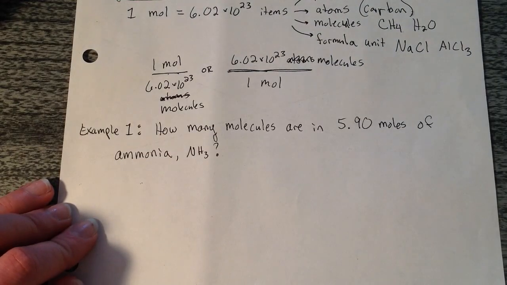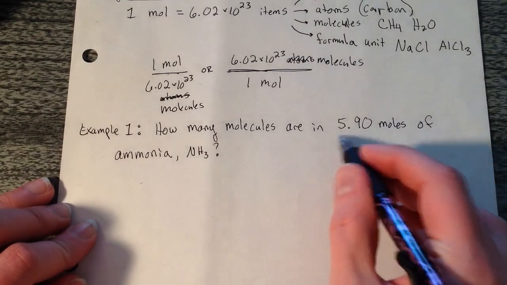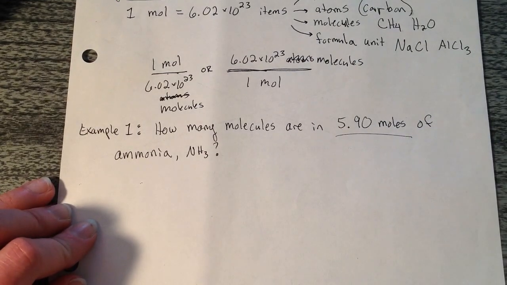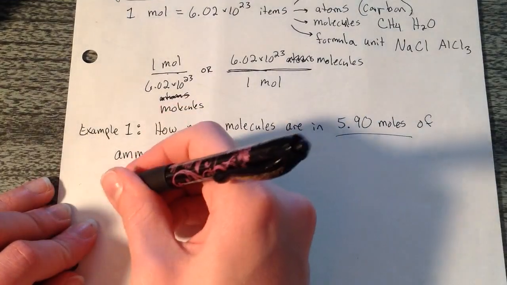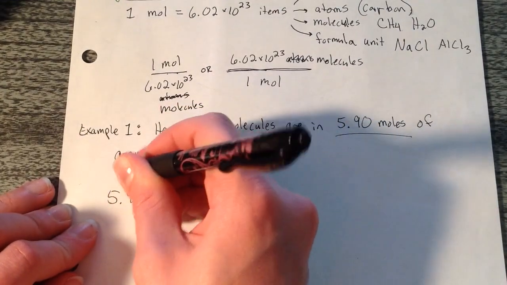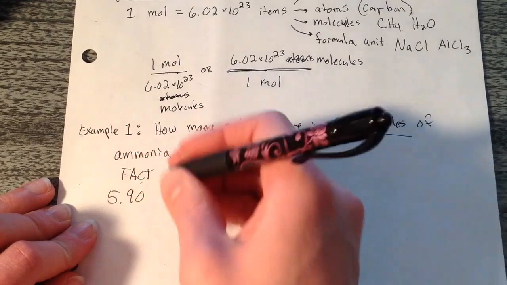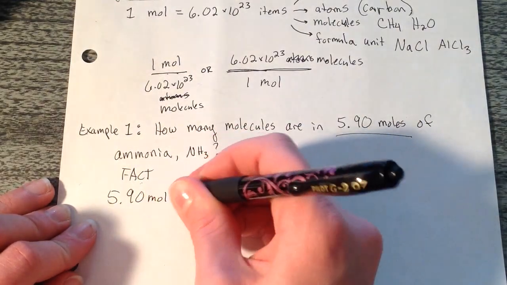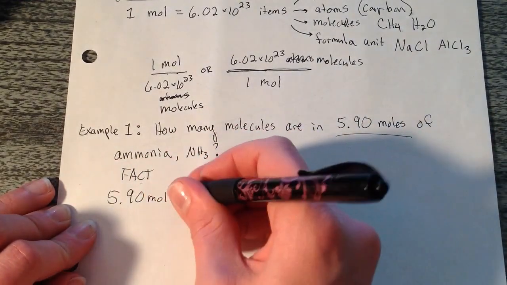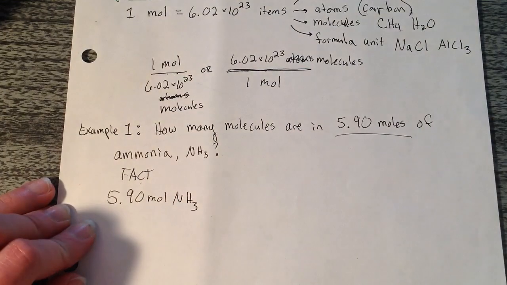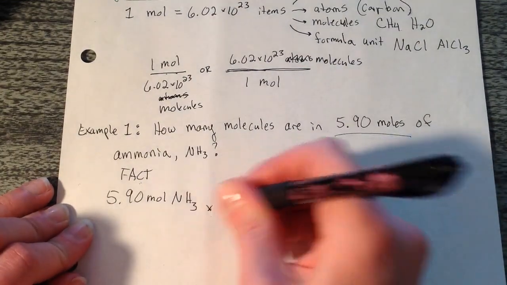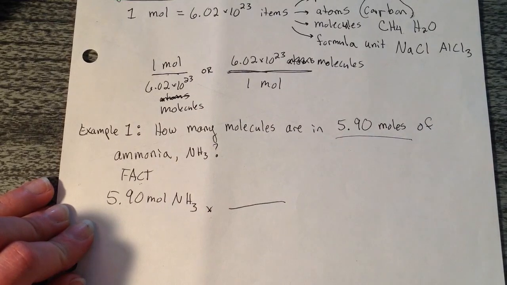Now we need step 2, start with our fact, then use factors to cancel units. My fact is whatever information it gave me for the beginning unit, so that's going to be my 5.90 moles. That's what I'm starting in, and that is my fact. NH3. Then I use my factor to cancel units. I have gone through this several times, so I'll try to explain it a little faster.